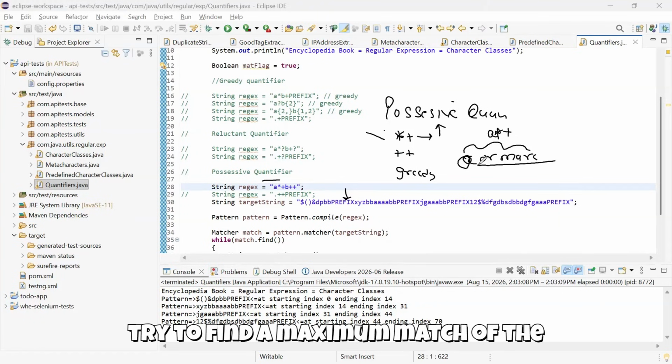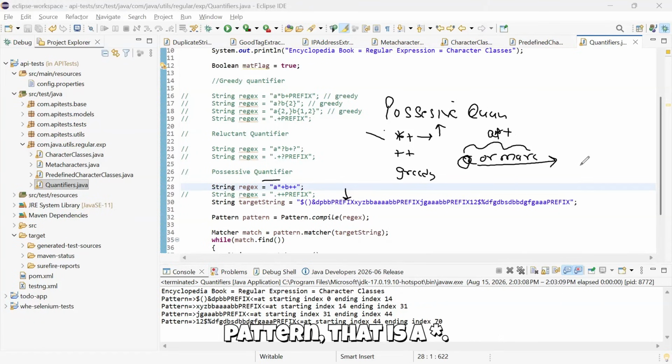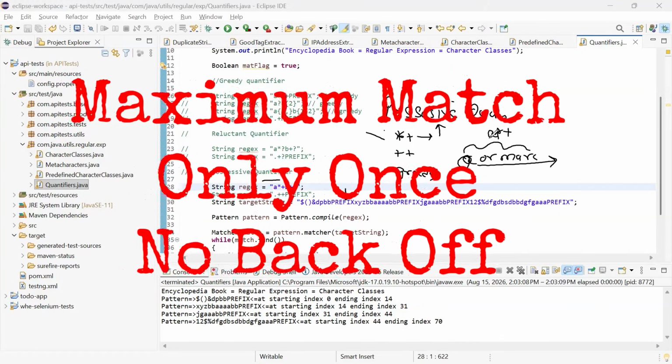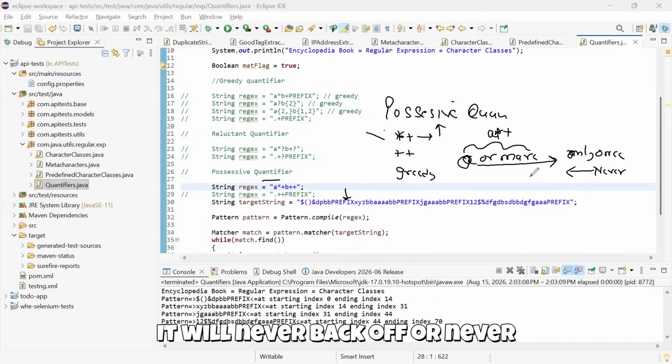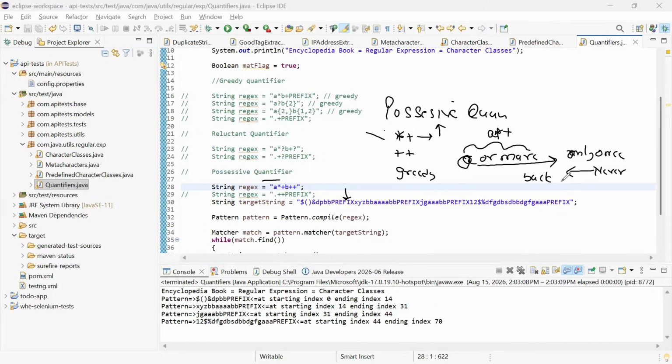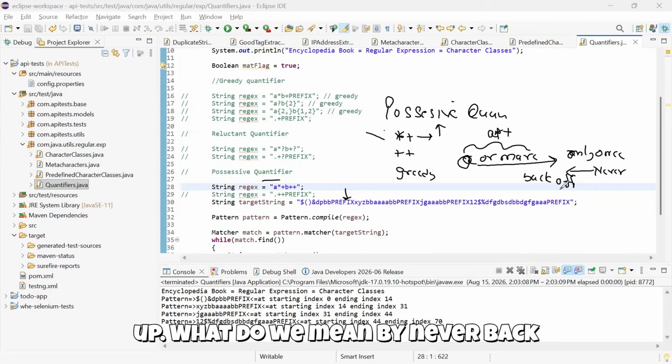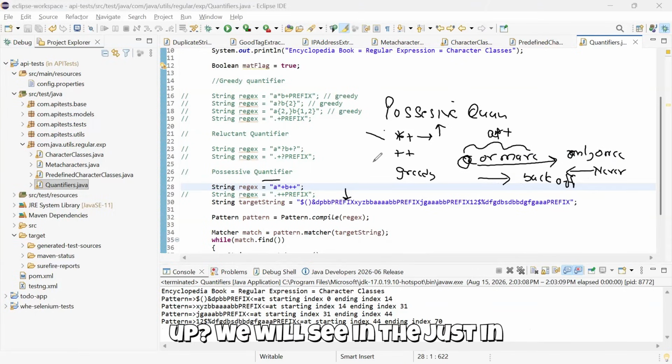It will try to find a maximum match of the pattern, that is A*, only once, and it will never back off or backtrack. This possessive quantification never backs off. What do we mean by never back off? We will see in just a moment.